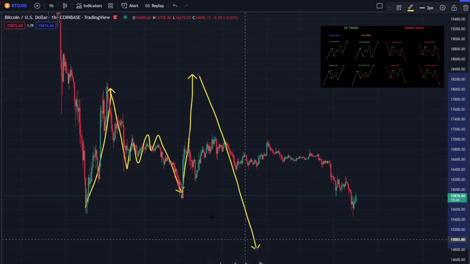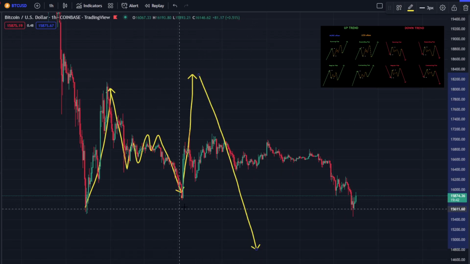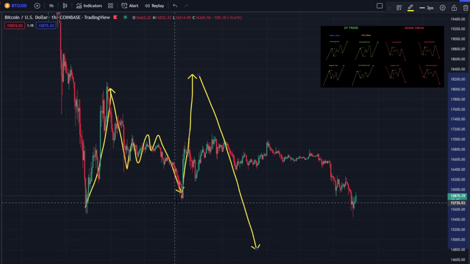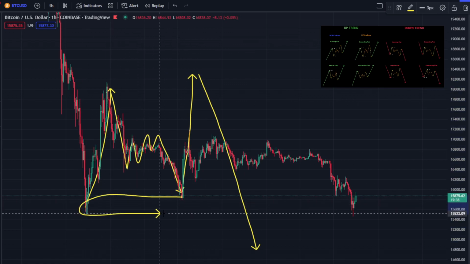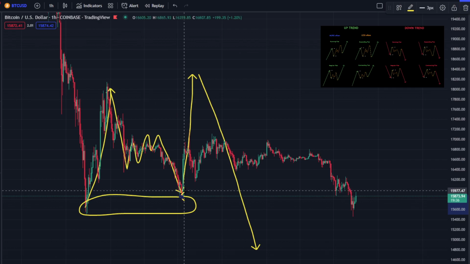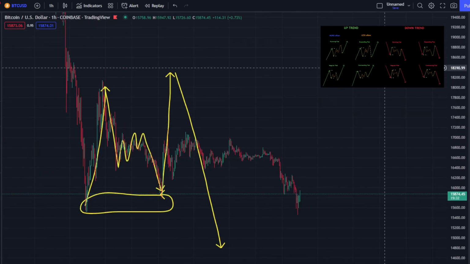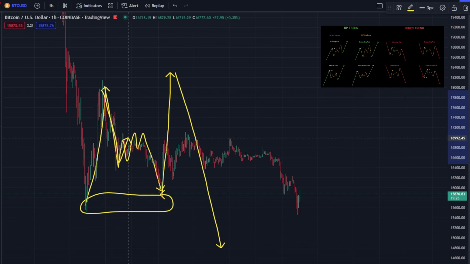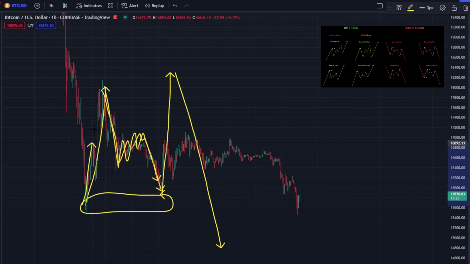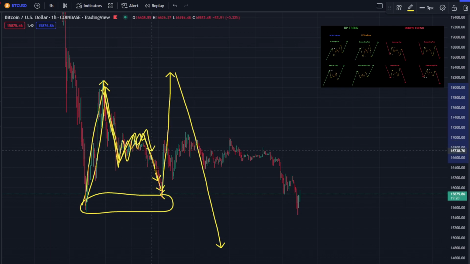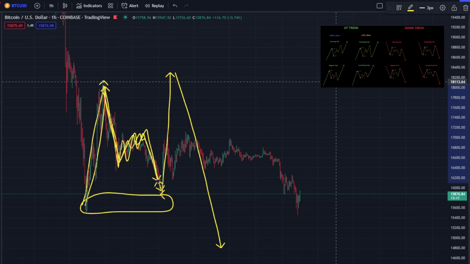Alright, so I think this move was meant to be down because of how deep it was coming. So this went pretty deep, and the fact that it went pretty deep makes it a regular flat for downtrend and not a regular flat for uptrend. Because you can see it, if you have an impulse up, you have a three wave correction just like you have in the regular flat uptrend.